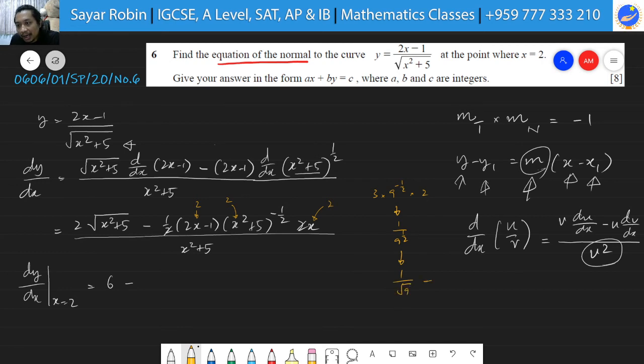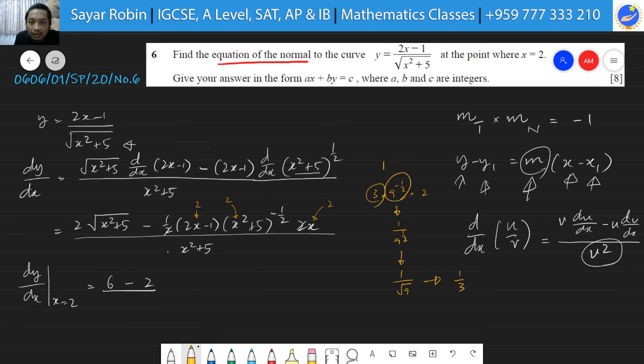So we will get 1 over 3. This one is 1 over 3, this one is 3. When you multiply these two things, it's going to be 1. 1 multiplied by 2 is 2. Therefore, I'm going to write down here 2 over x squared plus 5.